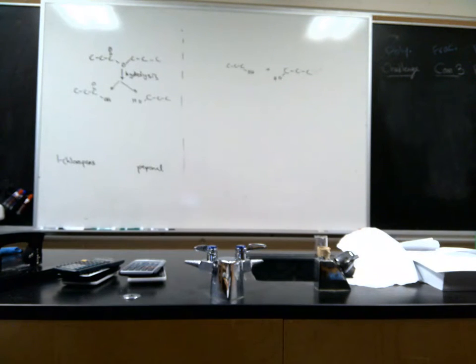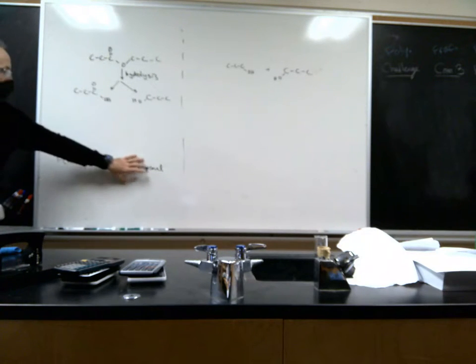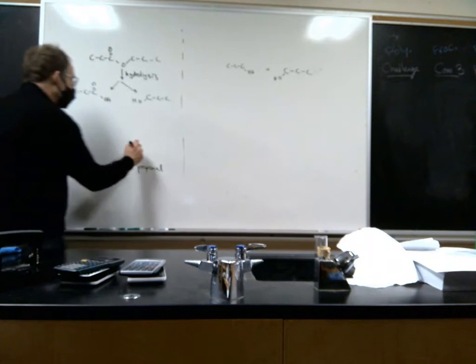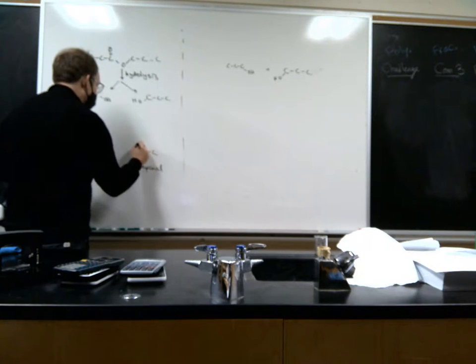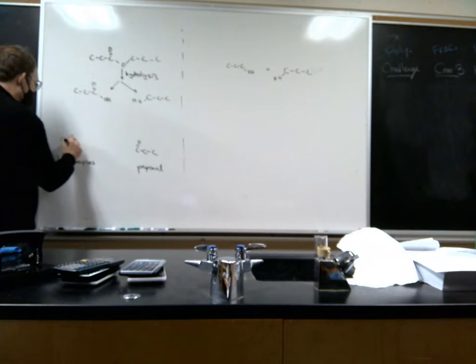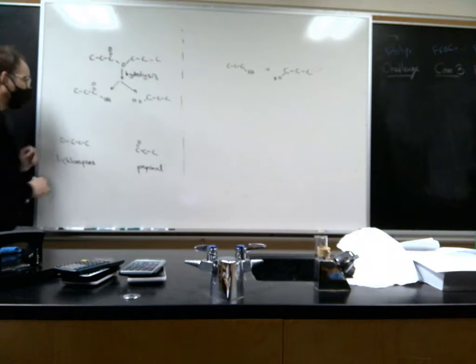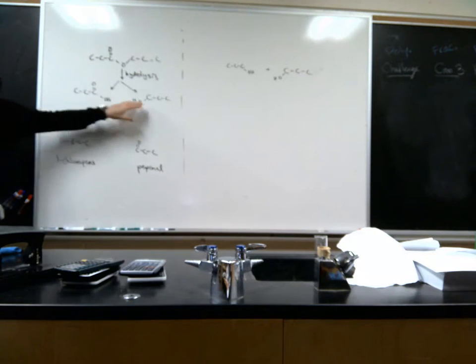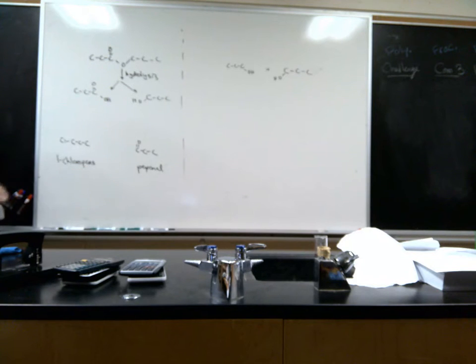Now, things are not that easy because what I'm telling you to do is turn this molecule into these two different things here. A propanal and a 1-chloropropane. So what we have to do is we have to look at these two molecules and we have to end up with these two.